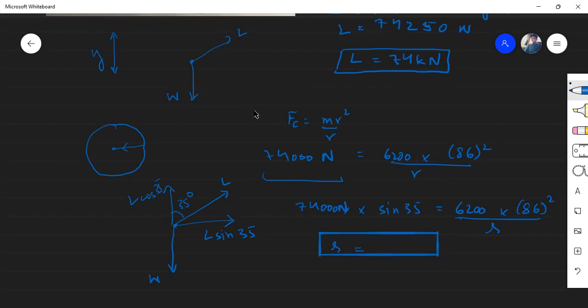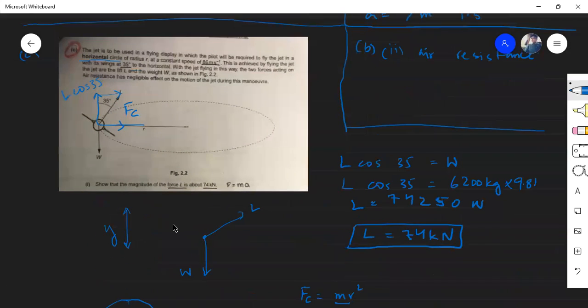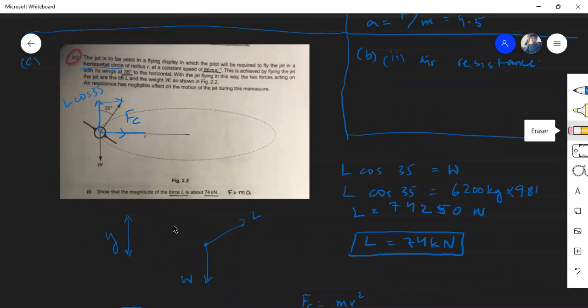The thing is, there are only two forces that exist here right now. There's W and there's L. And we've already discussed that L is not completely the force that's actually causing the circular motion.